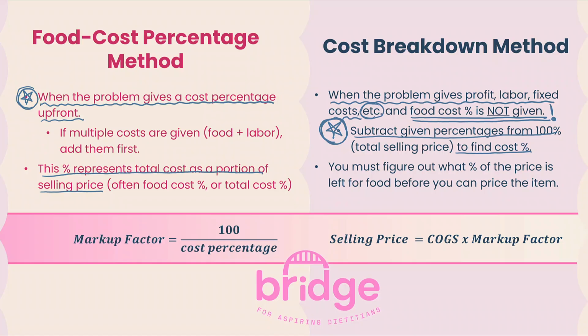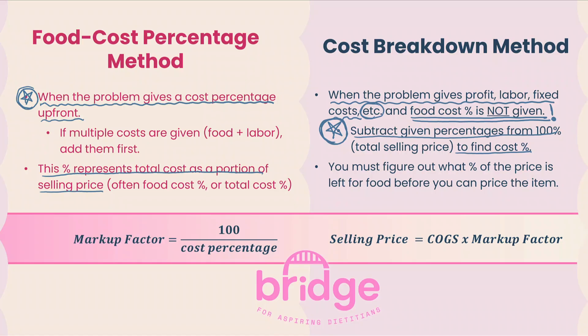But if you aren't given the cost percentage, specifically the food cost percentage, then you'll subtract all of the known percentages from 100% to figure out the food cost percentage. Once you have your cost percentage, you'll calculate your markup factor by taking 100 over that cost percentage, and then using that markup factor multiplied by your cost of goods sold to get your selling price.